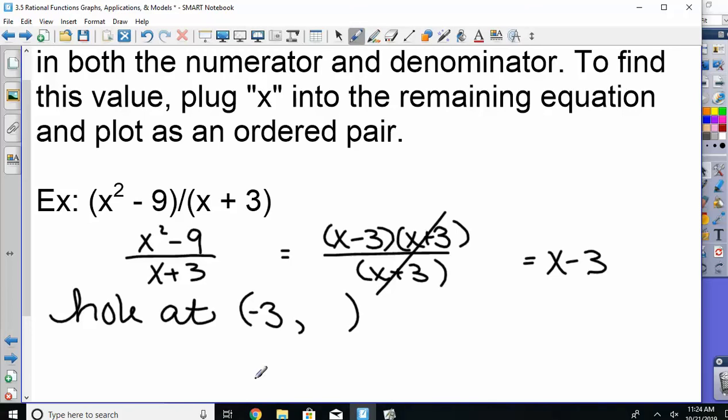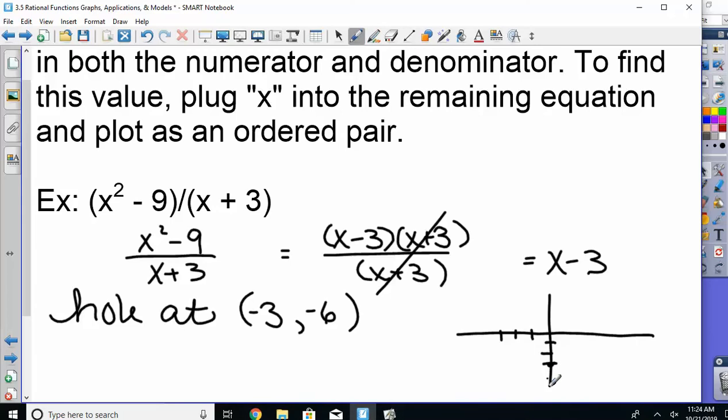To get the y, you plug negative 3 into what's left. So negative 3 minus 3, negative 6. Okay, so what this graph actually looks like, x minus 3, that's just a line. Y-intercept of negative 3.